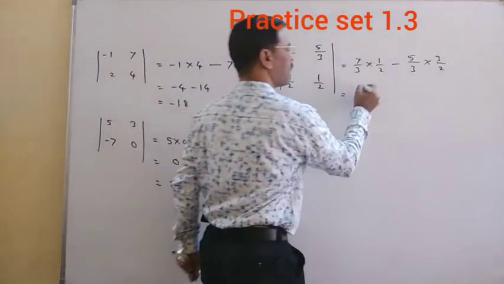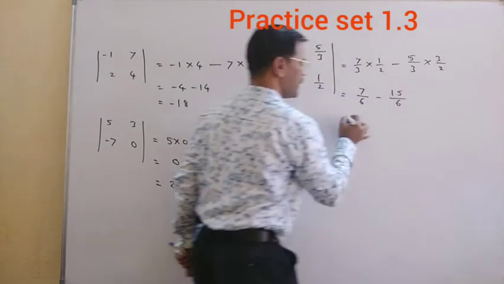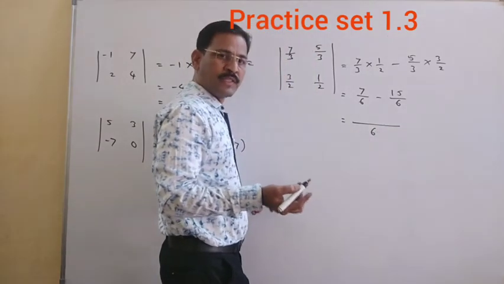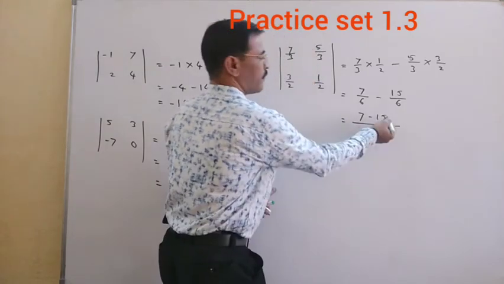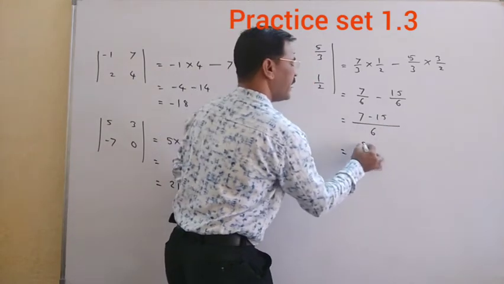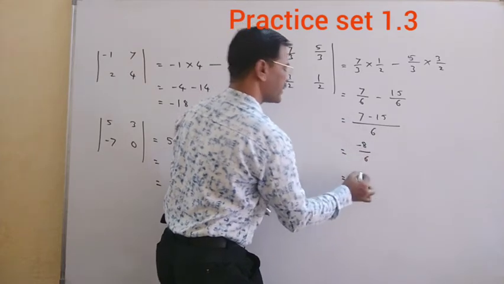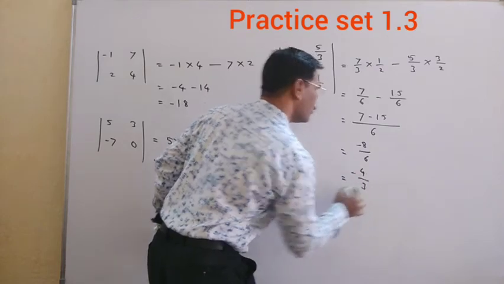What can you get here? 7 upon 6, minus 5 times 3 is 15 upon 6. The denominator will come as 6 just once because they have the same denominator, and here 7 minus 15. So 15 minus 7 is 8, and give the greater number's sign, that is minus, upon 6. Then cancel by 2: 2 fours are 8 and 2 threes are 6.